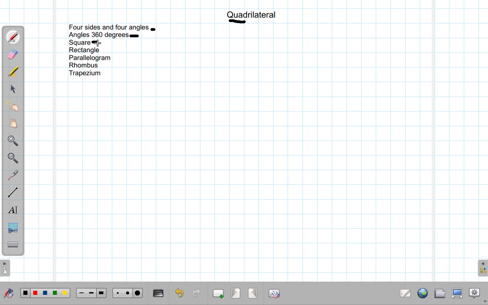The first type we look at is this square. Let me draw a square here. I want all 4 sides, good. And of course, the 4 angles. Now, this is our square.